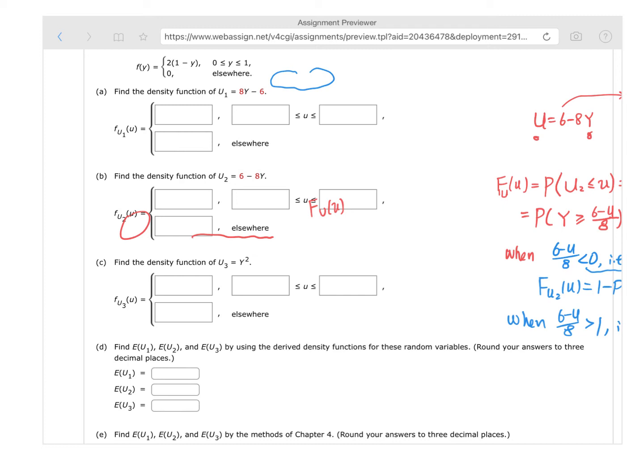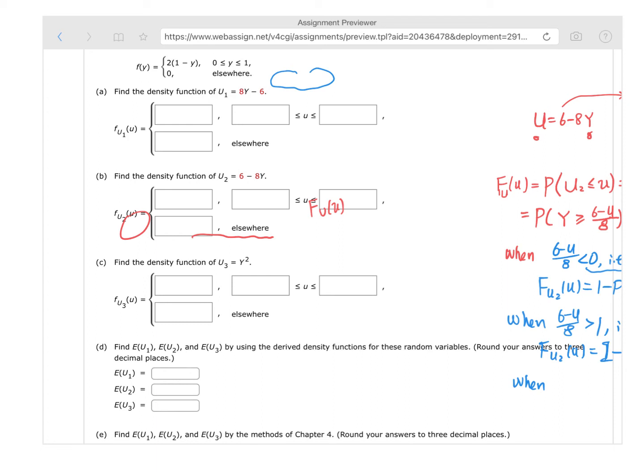When this number is greater than 1, the corresponding u should be here, right? And therefore F_U2 of u is going to be 1 minus 100%, which is 0.